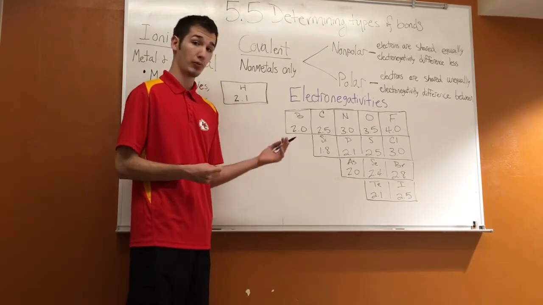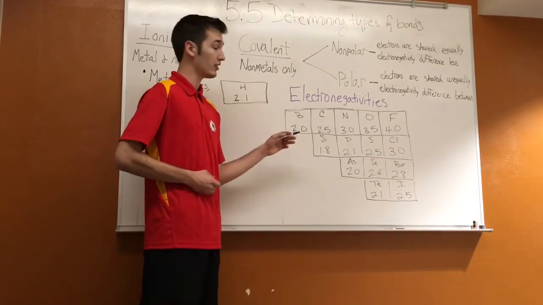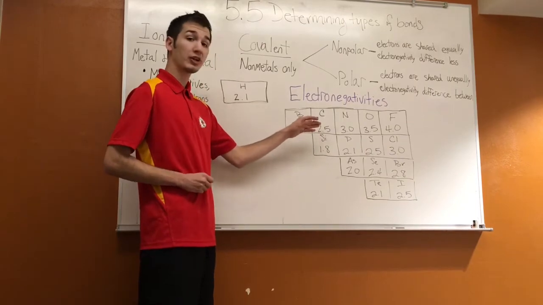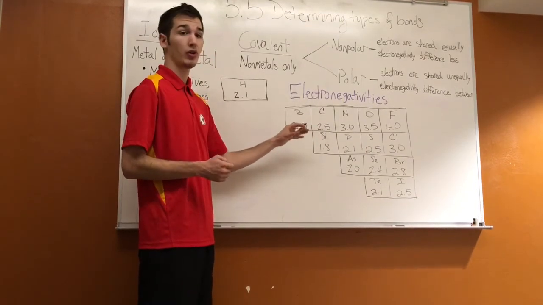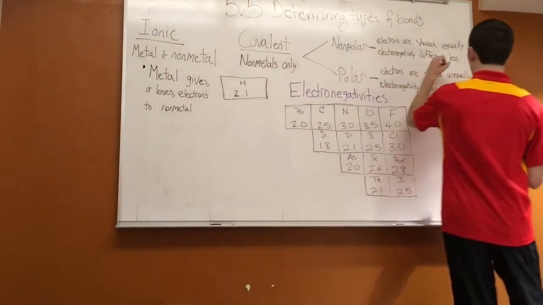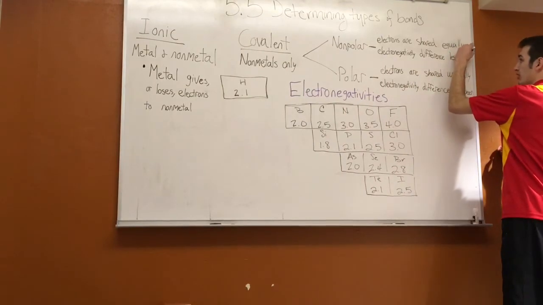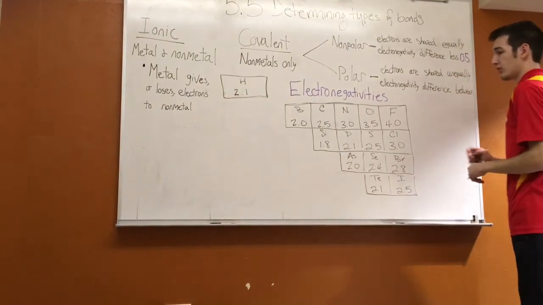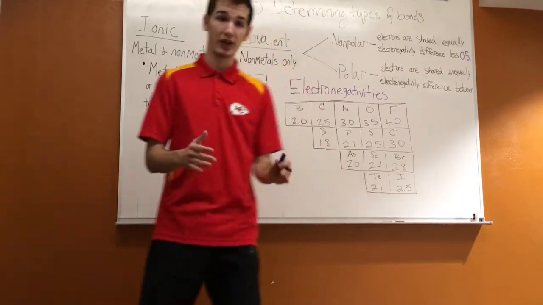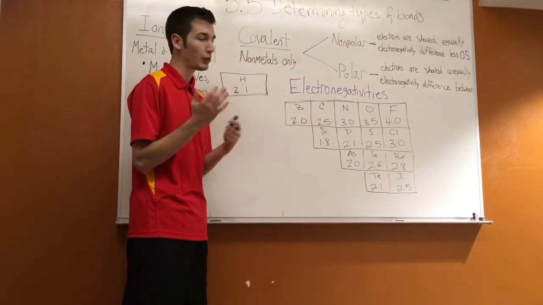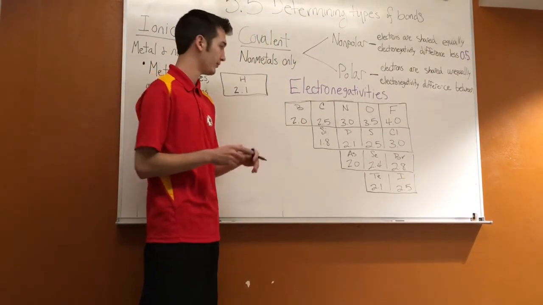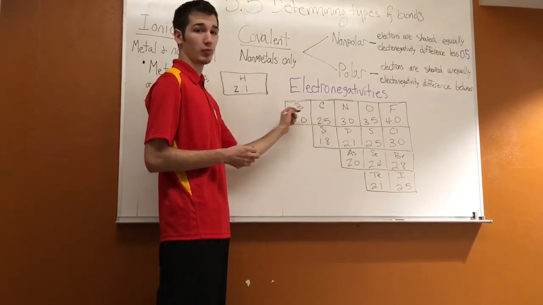So let's look at a nonpolar bond. A nonpolar bond is anything with an electronegativity difference of 0.5 or less. What do I mean by 0.5 or less? Well, let's look at carbon and boron.